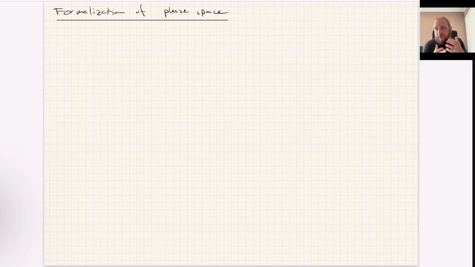So we saw that the mathematical structure of Lagrange mechanics was essentially that the Lagrangian was a function.